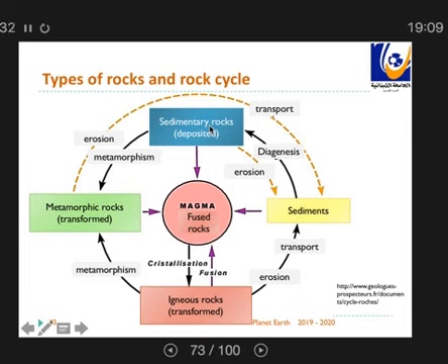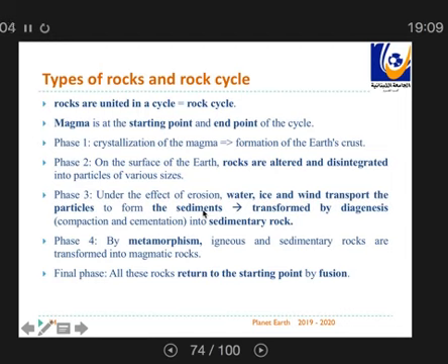These sedimentary rocks can undergo metamorphism as well as igneous rocks and give us metamorphic rocks. Now, please note that metamorphic rocks can also erode and give us sediments, and sedimentary rocks as well may be eroded by wind and water and give us back sediments. All of these rocks can undergo fusion and give back magma. Okay? So you can find what we talked about, these phases, in this slide.